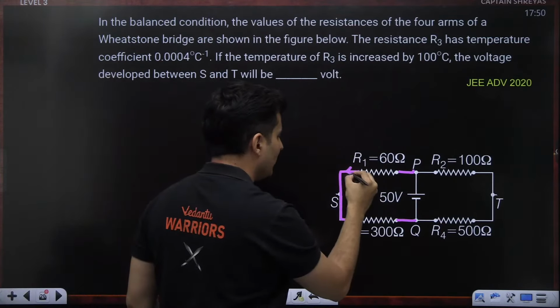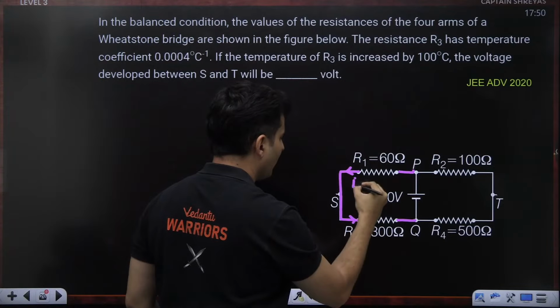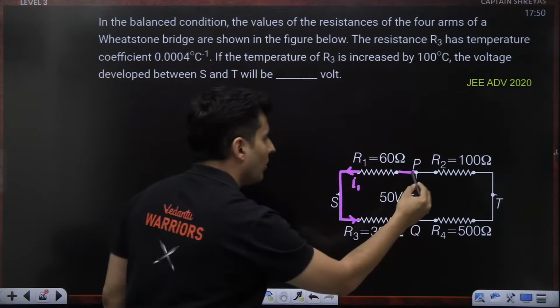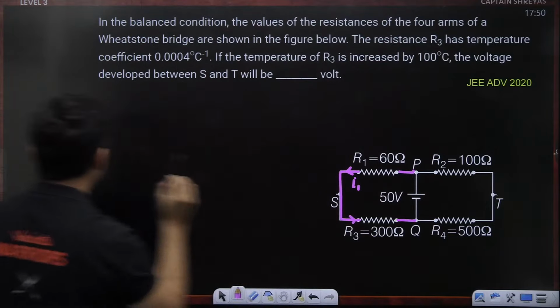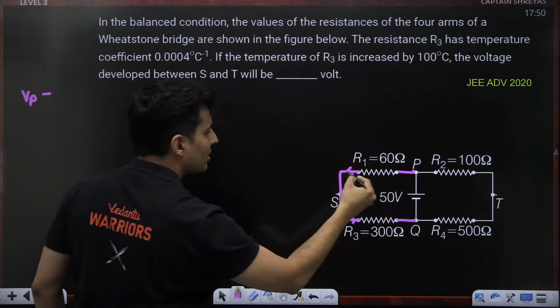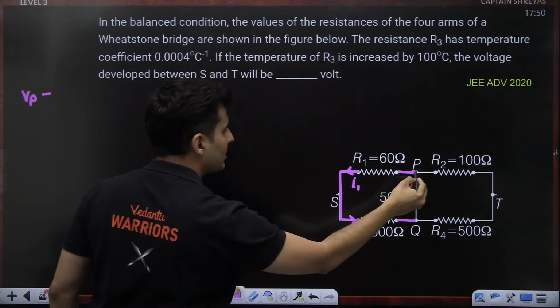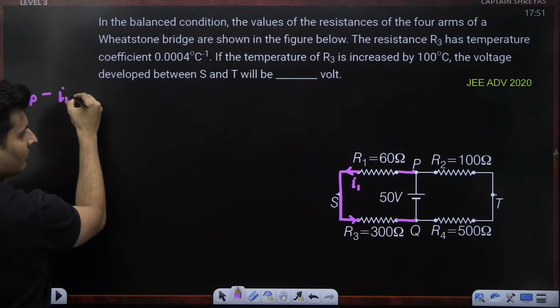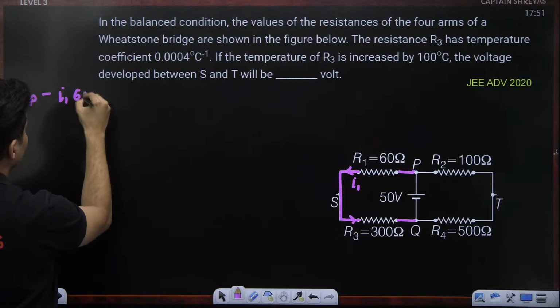Maybe the current is going like this. Let's say I call it I1. So can I then say over here, because I'm going in the direction of the current, start from here, initial voltage Vp minus IR, which is minus I1 into R1, which is 60.